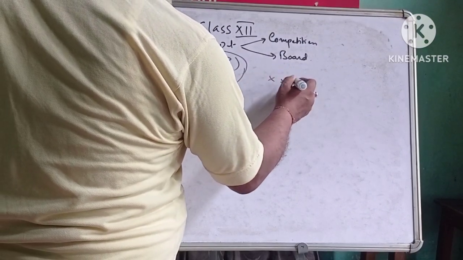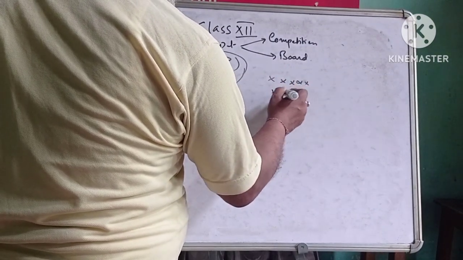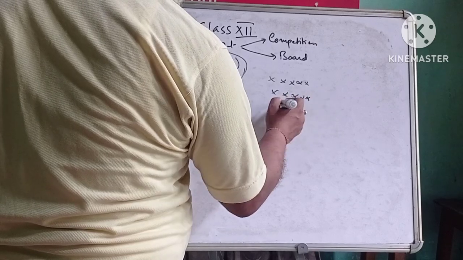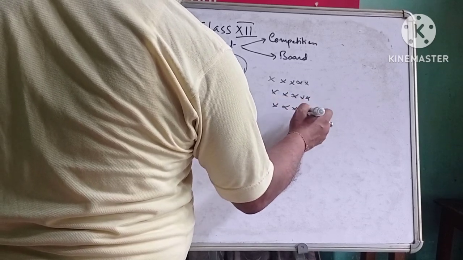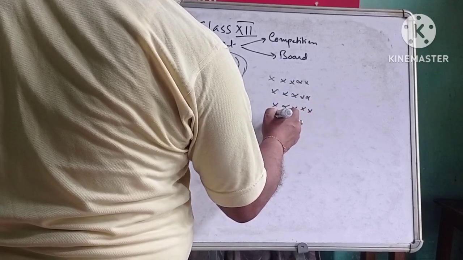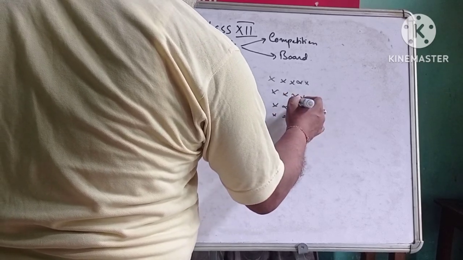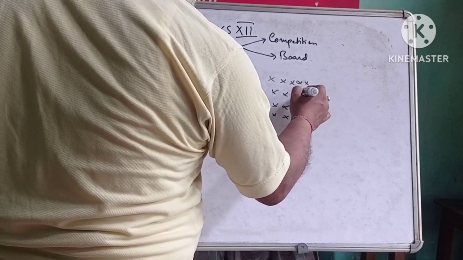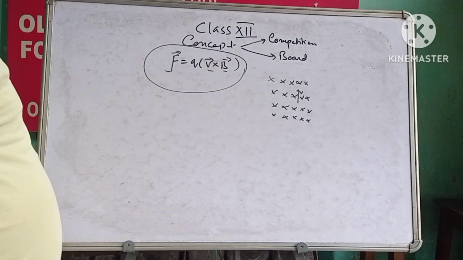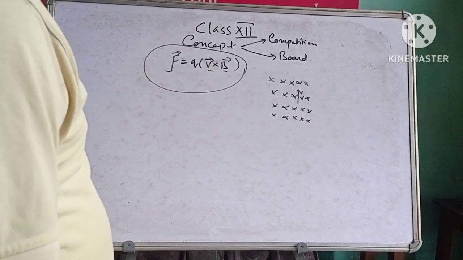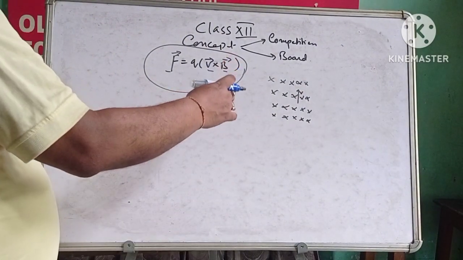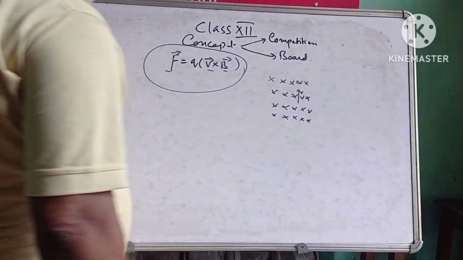This is your magnetic field into the plane of the paper, and a charge with velocity v is moving perpendicular to the magnetic field.